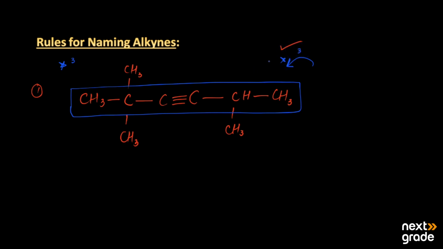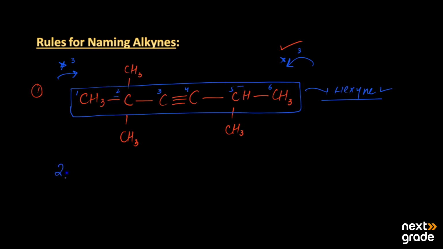So from both sides the number is the same, but now we have to look at the number of substituents. Where the substituents are more, we will start from that side. So from this side we will start, because here more substituents are present, and number 1, 2, 3, 4, 5 and 6. So the parent name will be hexane to hexyne, as 6 carbon atoms are present. The substituents are present on carbon number 2 and carbon number 5.